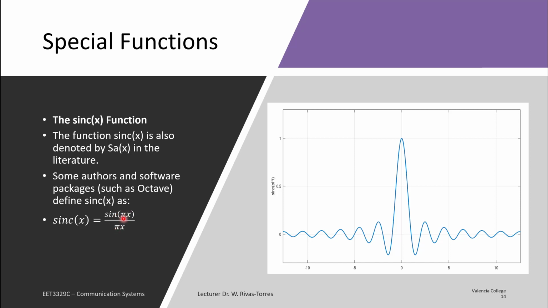When you put pi in, the sinc function now crosses at integer numbers, which is why some authors define it this way. So instead of crossing at integer multiples of pi, it crosses at just integer numbers.